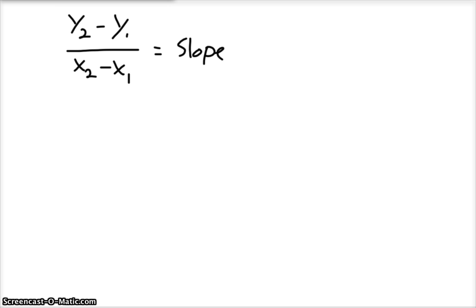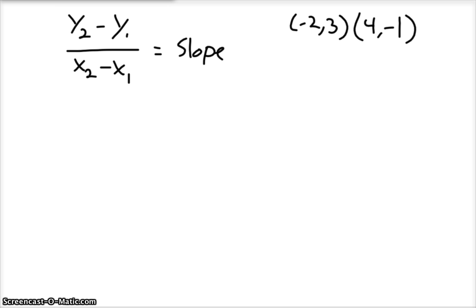I'm looking at example number 3, and it says find the slope of the line that passes through negative 2, 3, and then 4, negative 1. Okay, so now we have our intercepts. All I have to do is plug them into our equation.